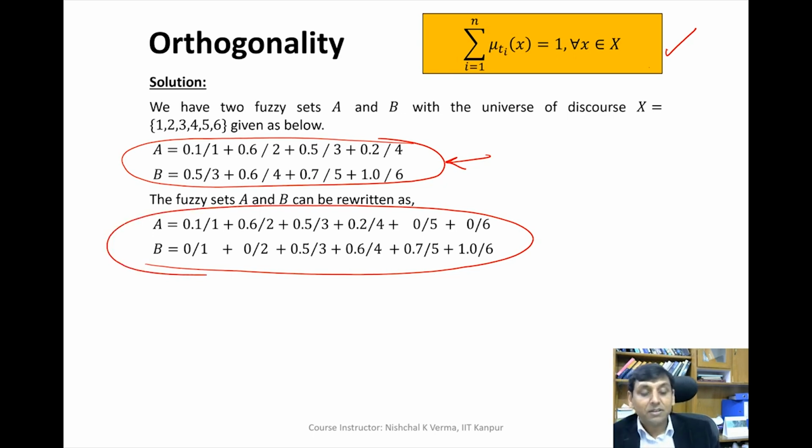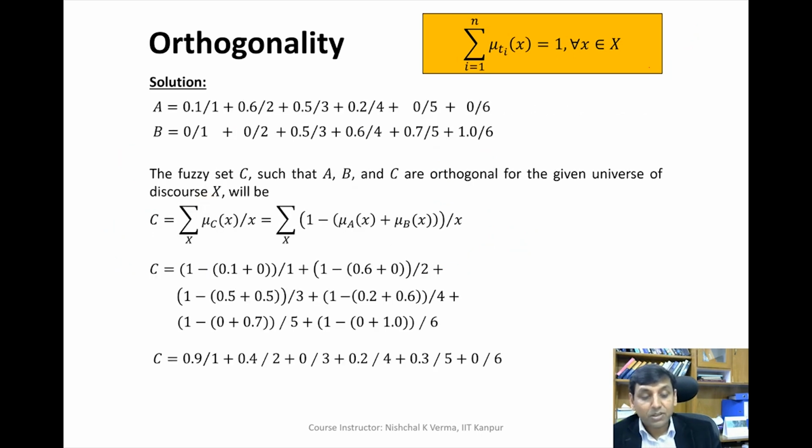Here we have three fuzzy sets, so n is equal to 3. Tx is nothing but A, B, C, and A is known, B is known.